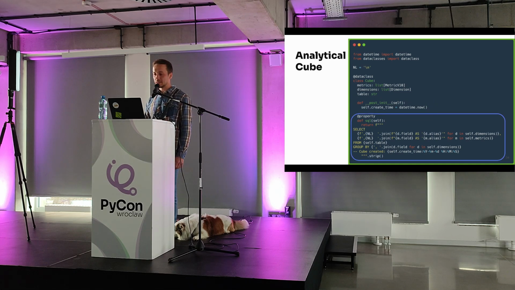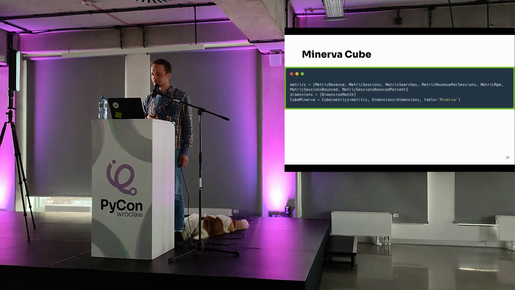And it has a property SQL, which will return an SQL query of all the things that we wish to know. It will select dimensions and metrics from the table. Then we also need to group by the dimensions, and this is what it does. Furthermore, we can pass all of the metrics and dimensions that we previously defined to the cube.